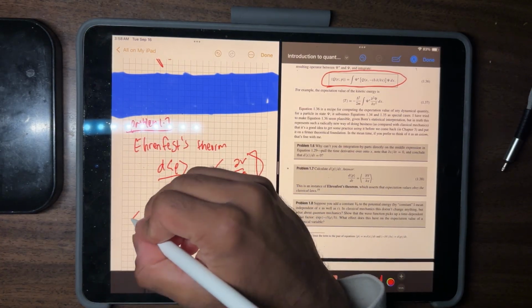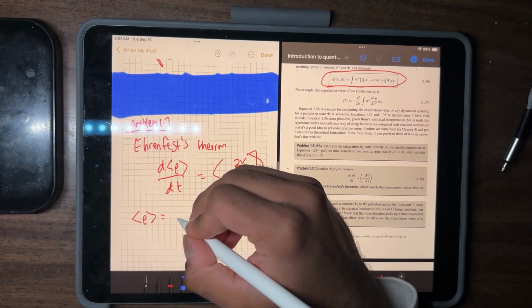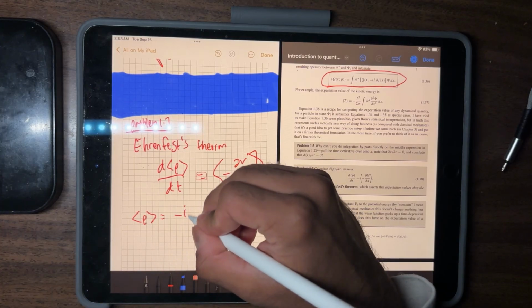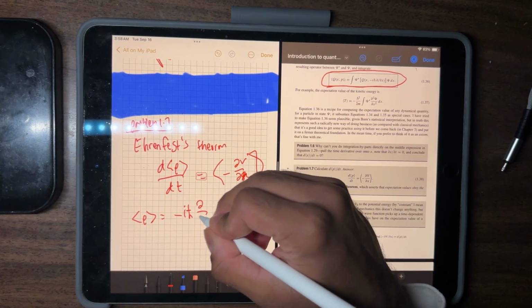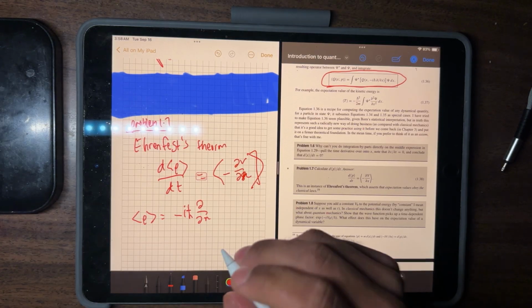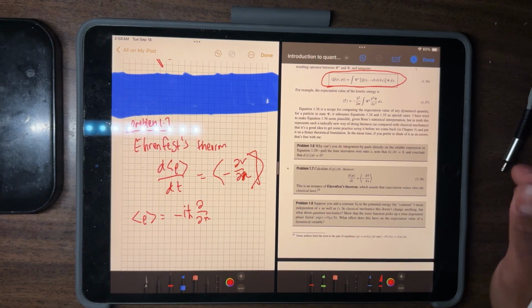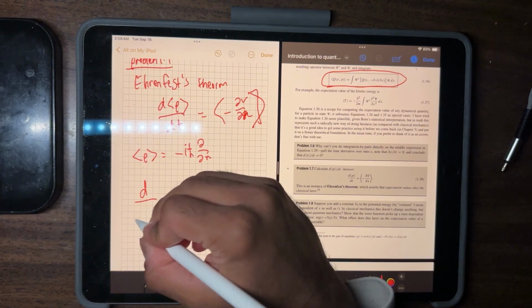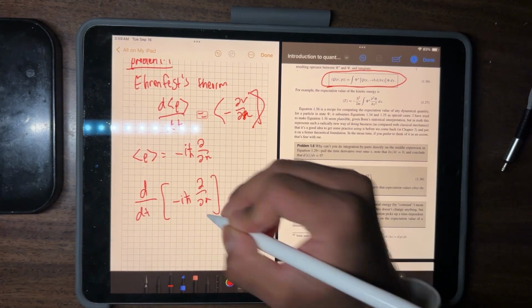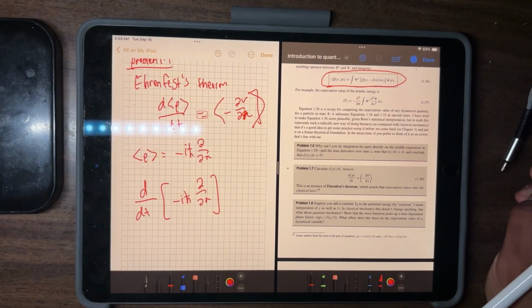Now, what is expectation value of p? That is minus iota h bar curl by curl x, and d by dt of minus iota h bar curl by curl x is what?